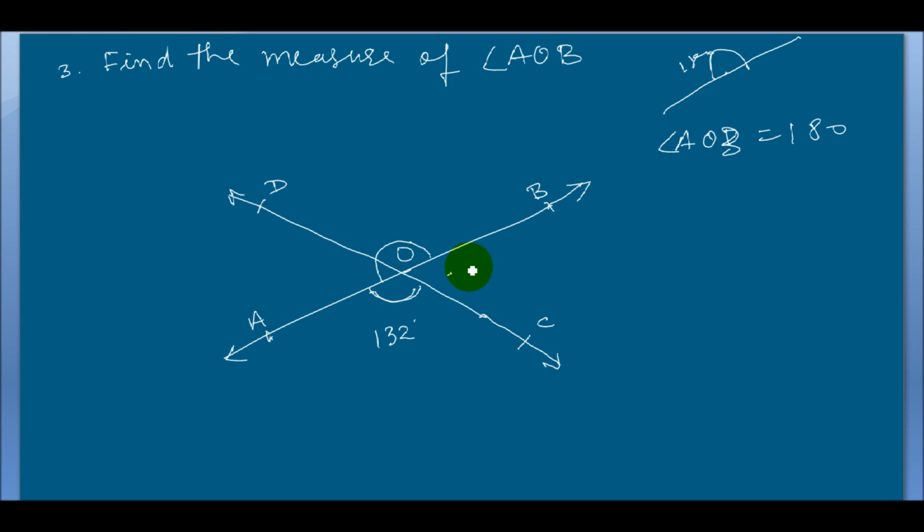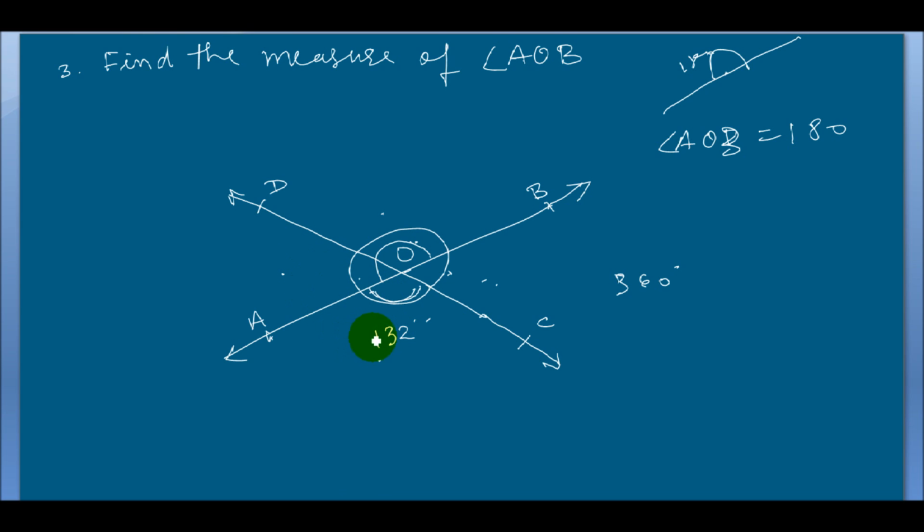Second, you can also find it by finding this angle and this angle, but we will not go that way. When dealing with the intersection of two lines, the total angle at this point will be equal to 360 degrees. Any two adjacent angles will be equal to 180 degrees.